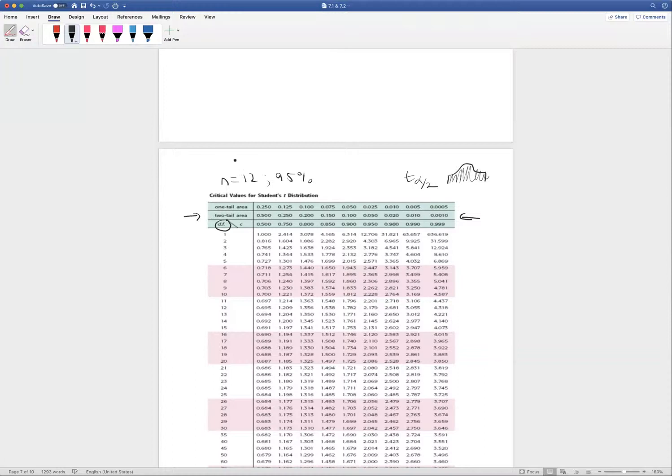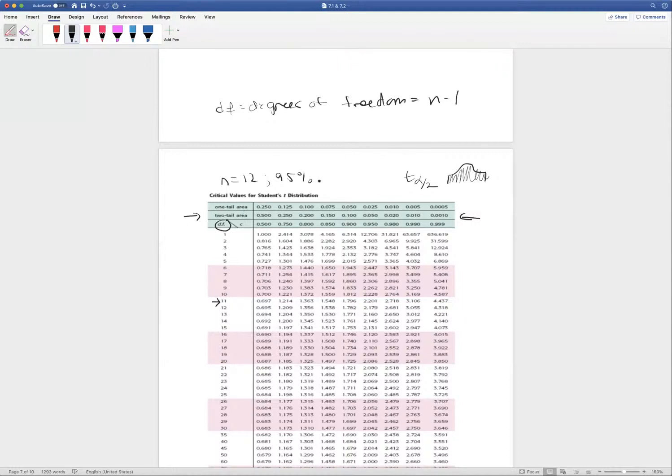This DF means degrees of freedom, and degrees of freedom is sample size minus 1. That's all it means. So if we have a sample size of 12, our degrees of freedom is 11, and we look at the row with 11.